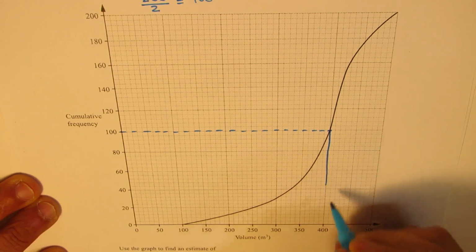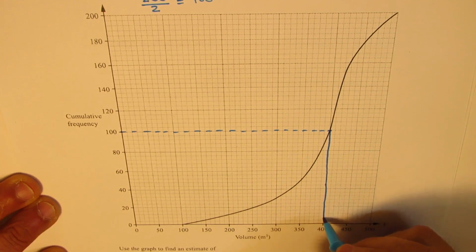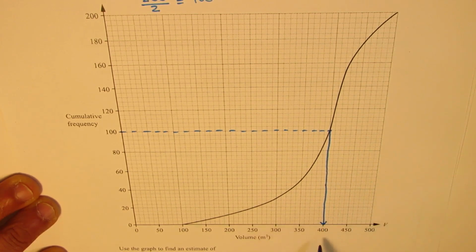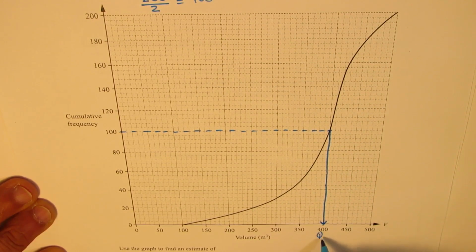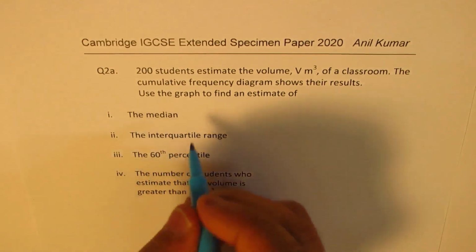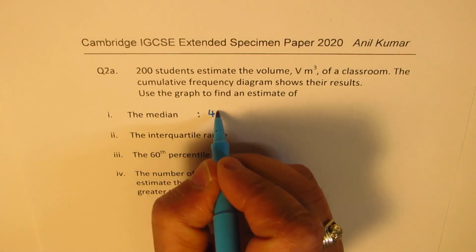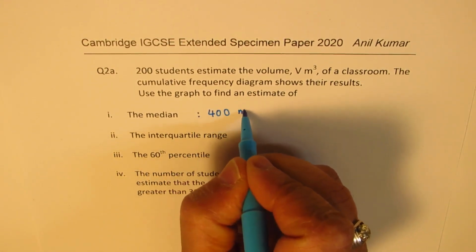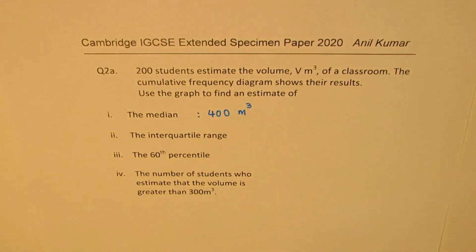When you go down on the horizontal x-axis, the volume indicates 400. So that becomes the median, which you can also say is the second quartile, right? So we can write the value 400 for the median. Perfect. So in this, the median is 400 meter cube for us. Do you get the idea, right? So that is how you get your answers.